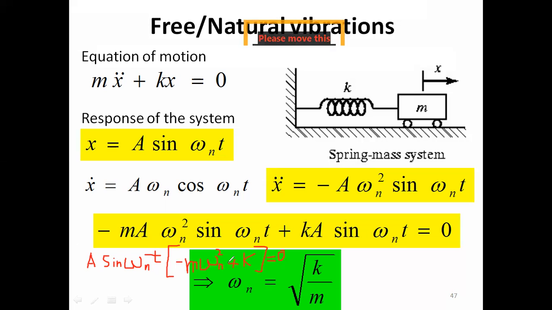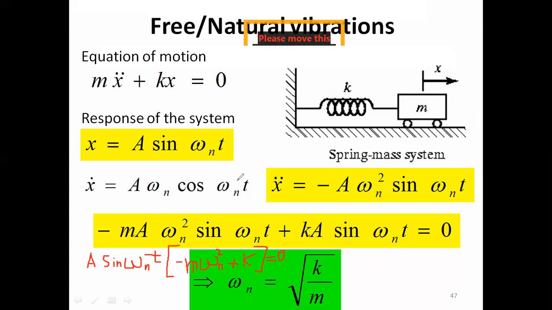Now we have to compare this result with the physics of the system, the reality. A sin(ωn t) is what? It is the displacement. And we know that displacement is 0 at the mean position, but it is maximum at the extreme position during vibration.